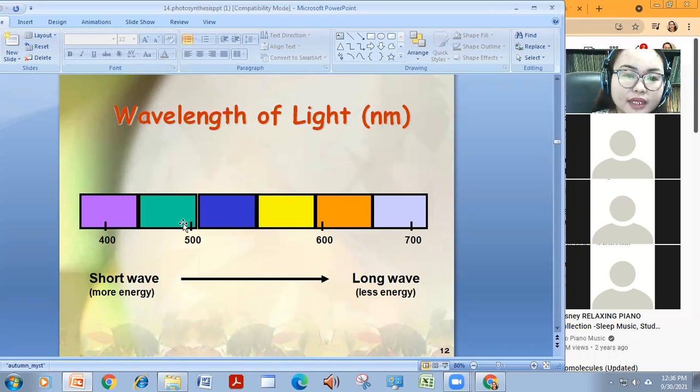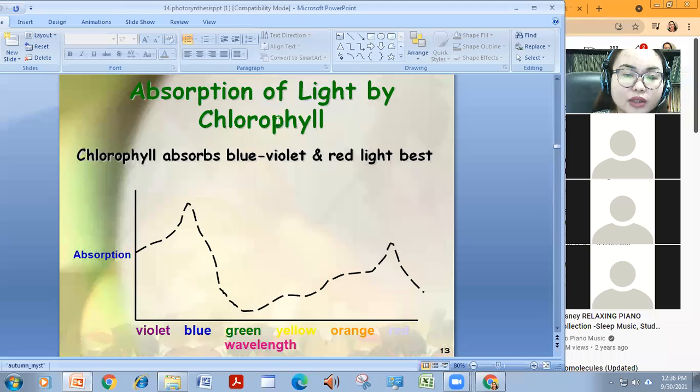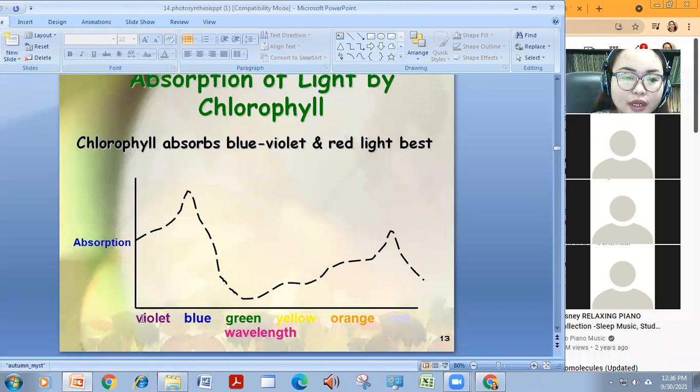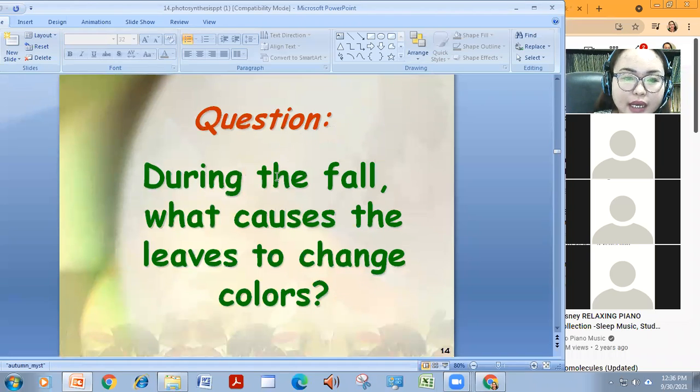And the long waves, these are the visible lights ng mga colors na nakikita natin. So, how does chlorophyll absorb, no? Blue, violet, and red light. So, they absorb, of course, violet and blue, then the green wavelength, and also the yellow and orange. So, yung violet at blue talaga ang kanyang mas na-absorb.